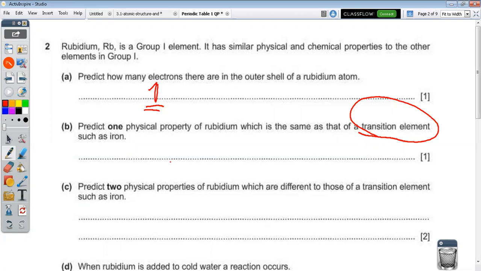Group 1 is soft, but the other metals are hard, so it's not the same. What is the same? They are all good conductors of heat and electricity. So they are all metals.